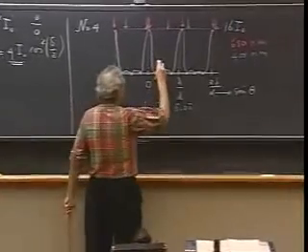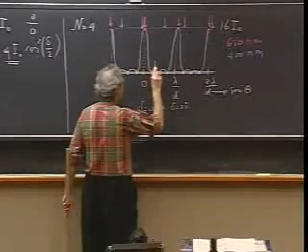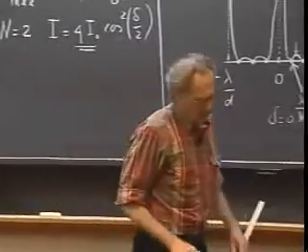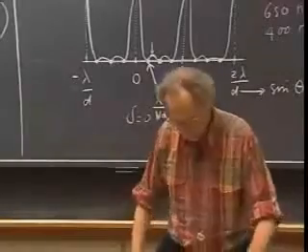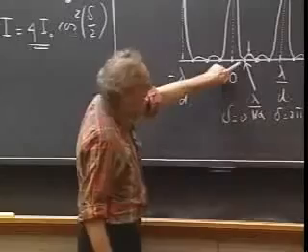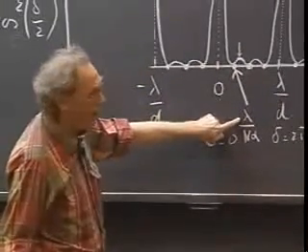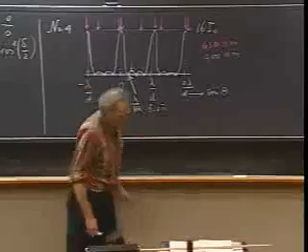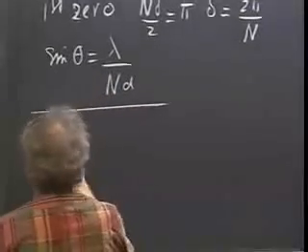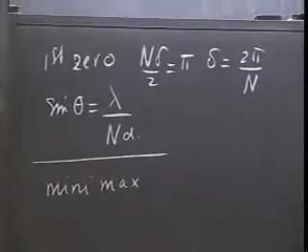You may be interested in what the magnitude is, what the light intensity, I should say, is of this little mini-maxima. Well, that is very easy to calculate. If we know that the sine of theta here is lambda divided by nd, and we know that here it is twice that much, then all I have to ask that equation is, what is your light intensity when we go to that first mini-maximum right here?